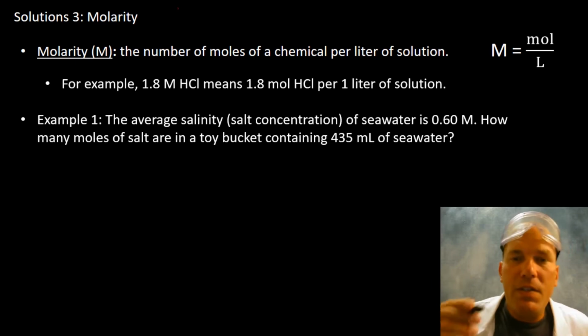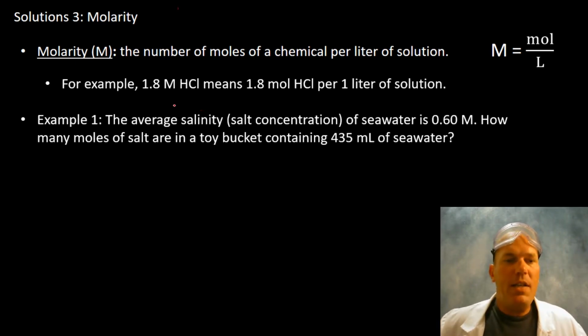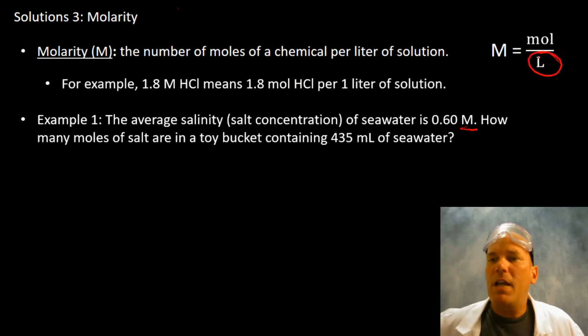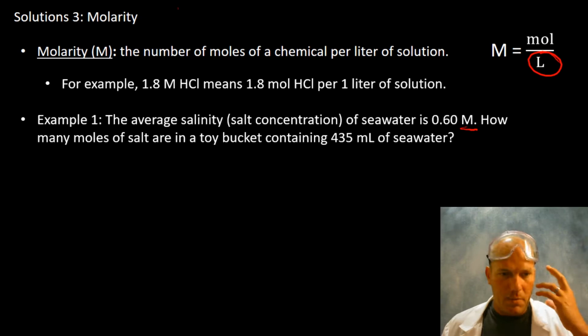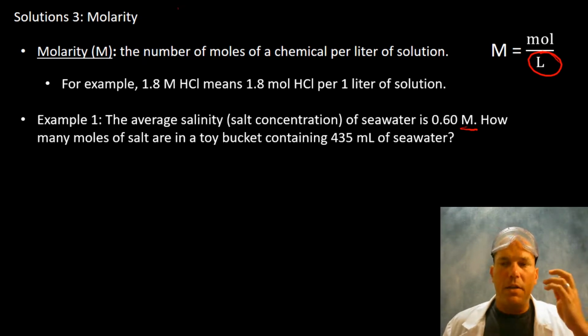You see the milliliters, and we're asking about moles and we're given molarity. So you're going to have to make sure everything ultimately is converted into liters. Anytime you're dealing with a molar conversion and molarity, you're going to need to get everything to liters.